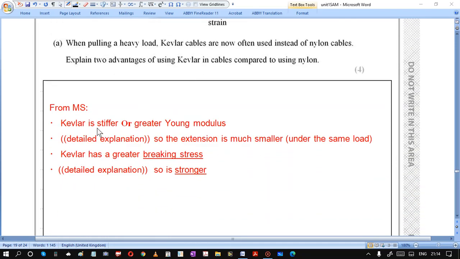So Kevlar is stiffer, or has a greater Young modulus. For 4 points, we should also give a detailed explanation. So extension is much smaller under the same load. Kevlar has a greater breaking stress. So it is stronger.